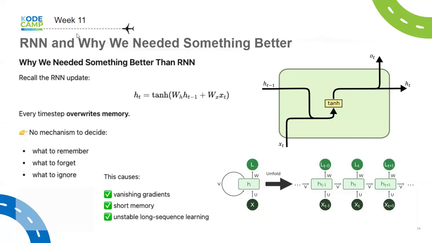But one of the things that we talked about and identified as a problem with the recurrent neural networks, the first architecture that follows this sequence model paradigm, is the problem of vanishing gradients. So why do we have this problem of vanishing gradients?